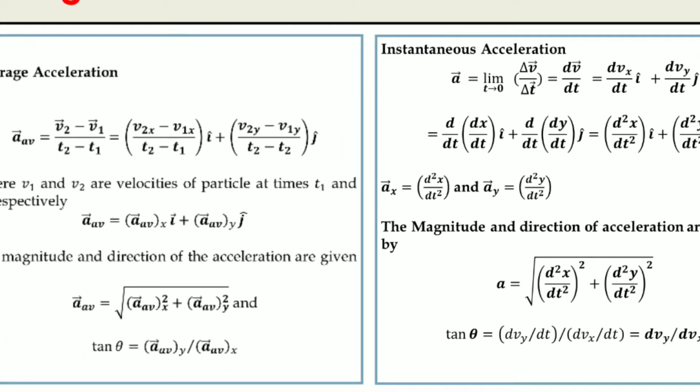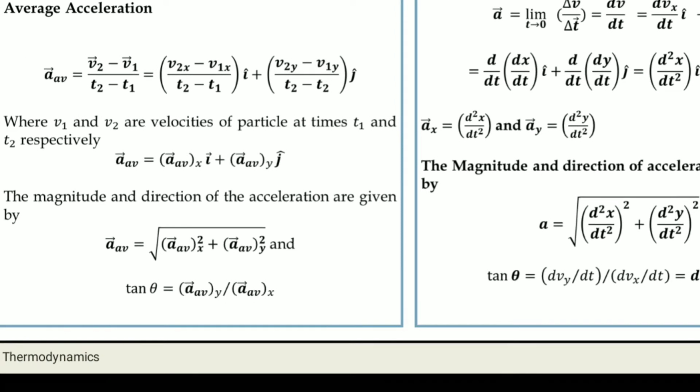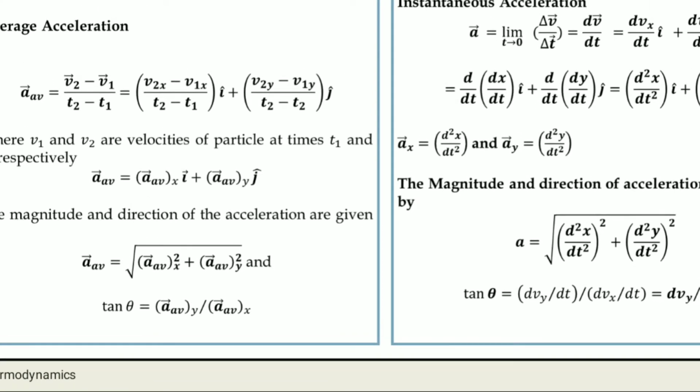Just like average velocity, you can calculate average acceleration. The definition of average acceleration is the same as in motion in a straight line. Acceleration is a vector quantity, that is why we have written its equation in terms of vectors.